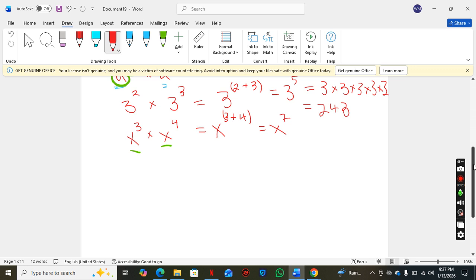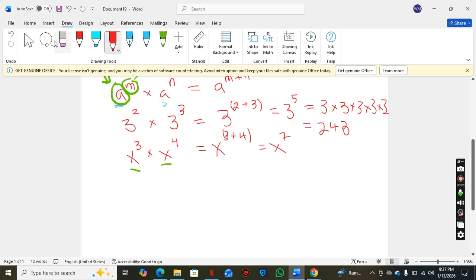Now we go to the division law. With the division law, this is how it is: a to the power m over a to the power n. When you have same bases dividing each other, you just subtract the indices. So this is the same as a to the power m minus n.